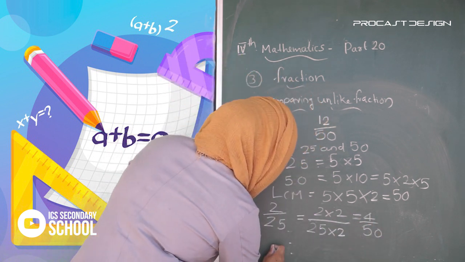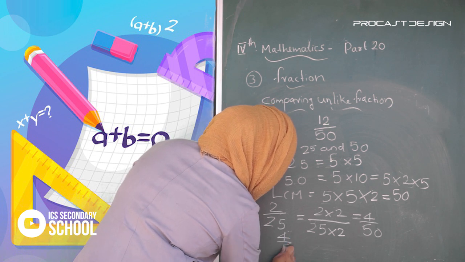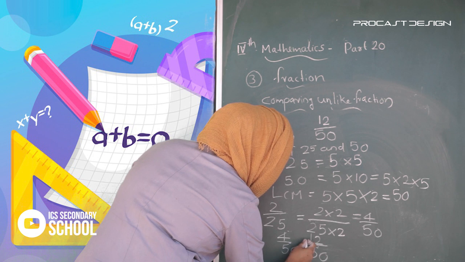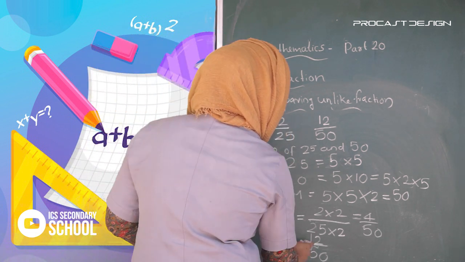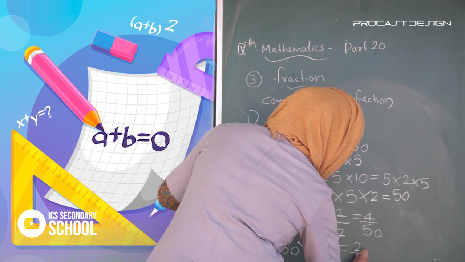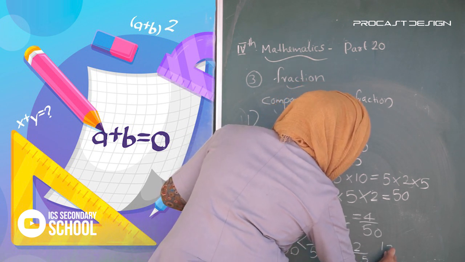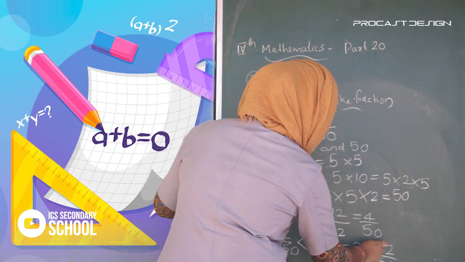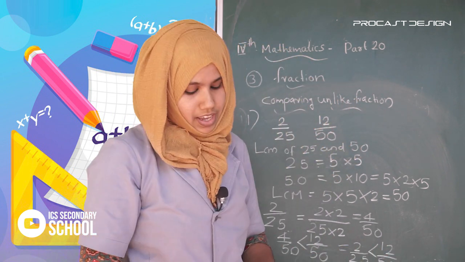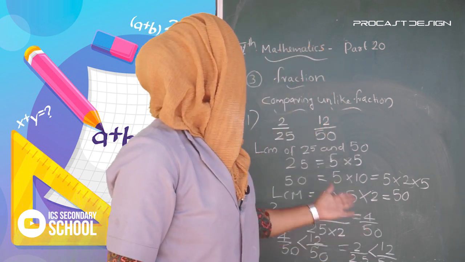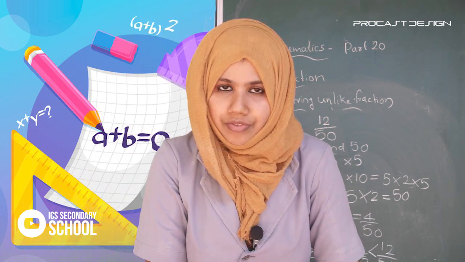So 4 by 50 and 12 by 50, which is greatest? 12 by 50 is greatest. Is it clear? So this is how we compare unlike fractions.